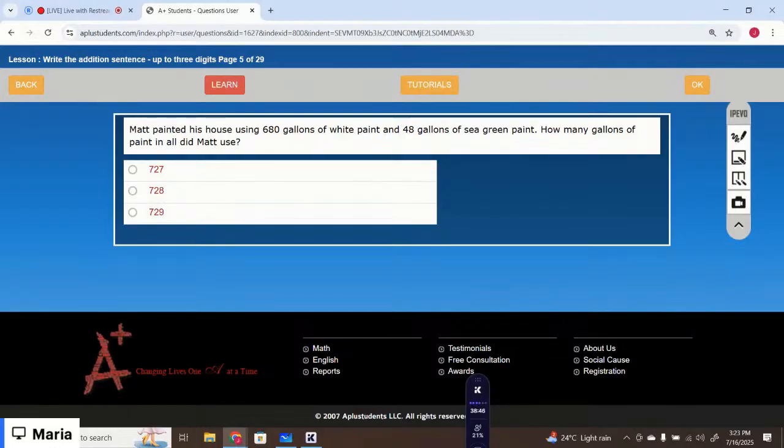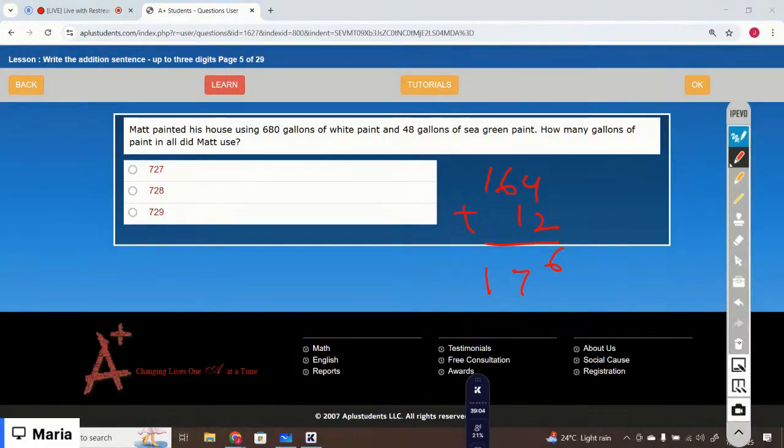Matt painted his house using 680 gallons of white paint and 48 gallons of sea green. How many gallons of paint in all did Matt use? That is 680 plus 40.